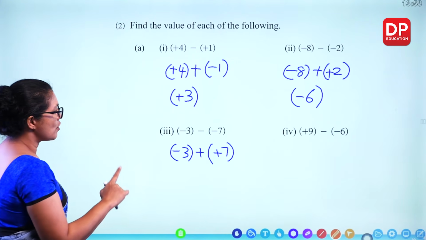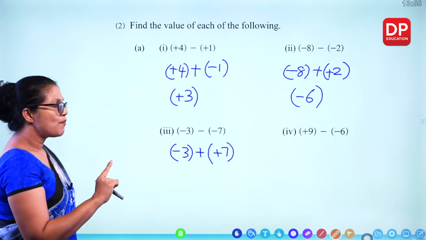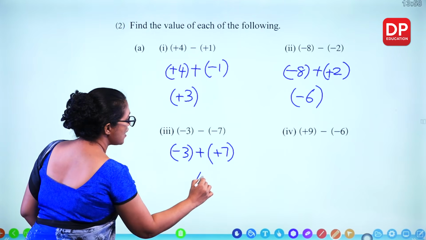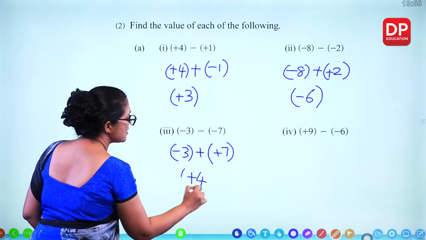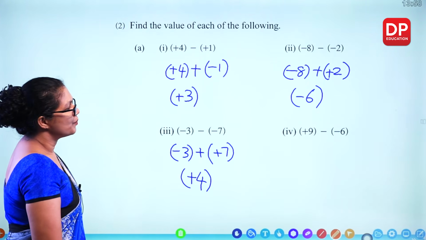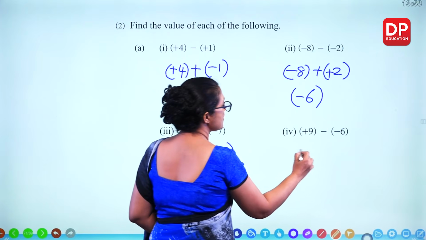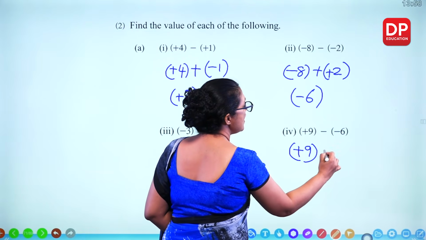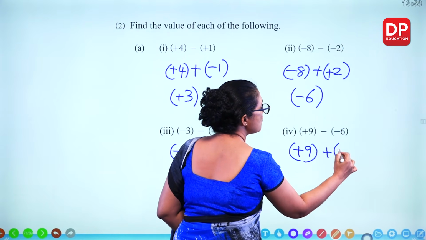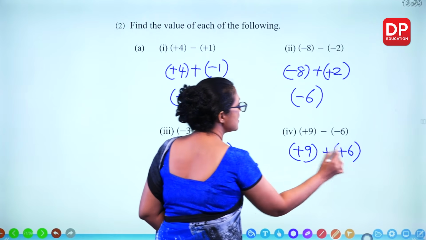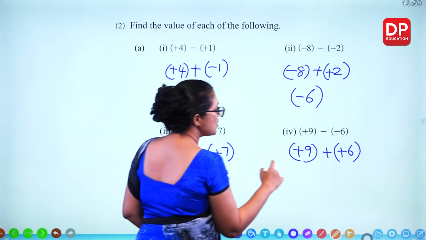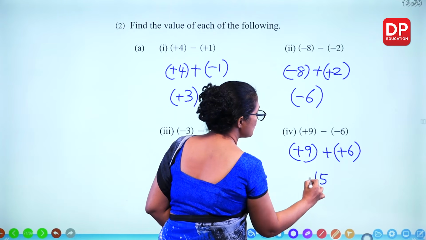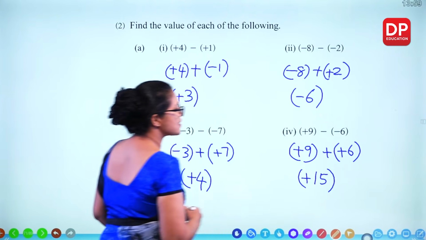Take the difference because one is negative and one is positive. So, you get 4. Bigger number is positive, that's plus 4. Here also you can start from plus 9. Addition of the additive inverse, that's plus 6. 9 and 6. Addition 15, that's plus.